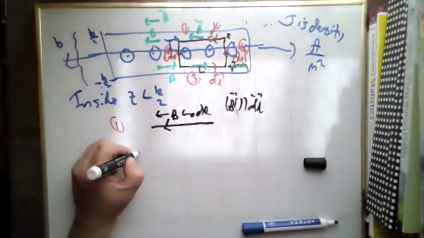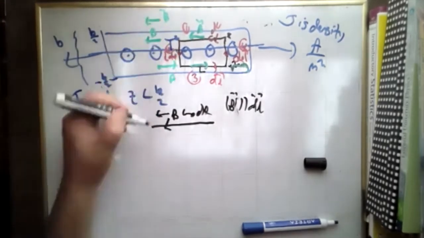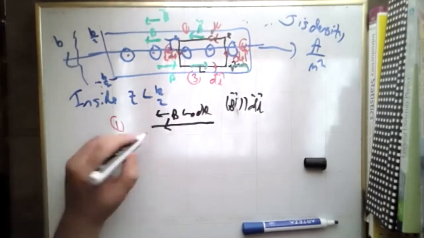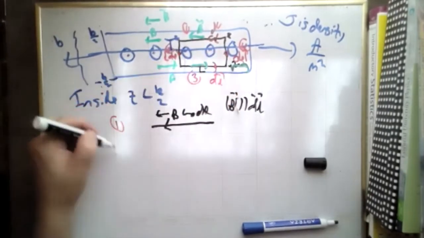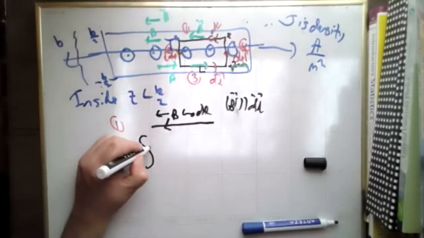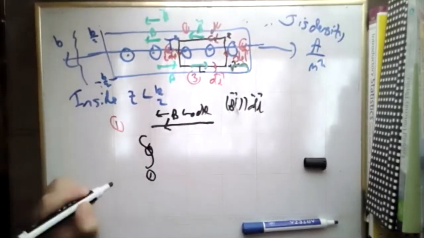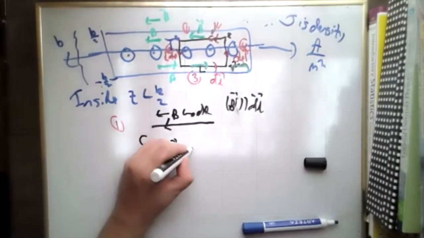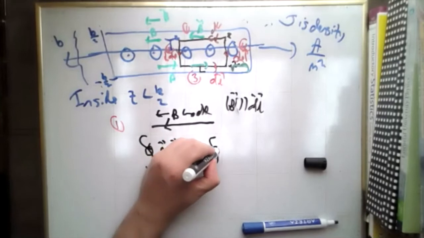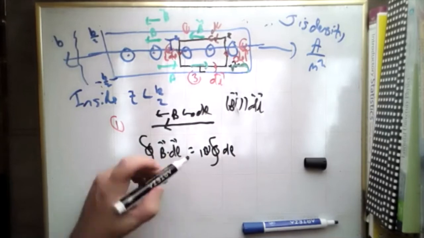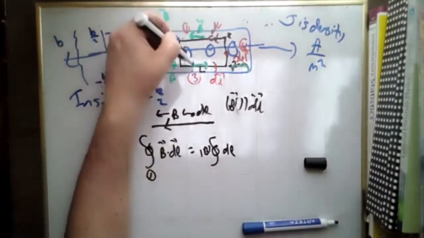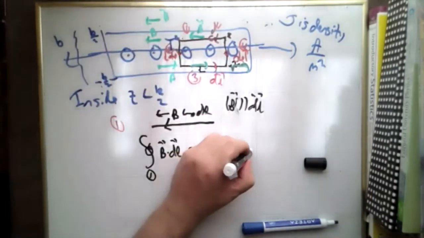So on this section, let's call that C1, circle 1. The integral just on that little section of B dot DL would just be the line integral of DL times magnitude of B. Line integral of DL was just length. How long is that? That is L long. So I get LB.